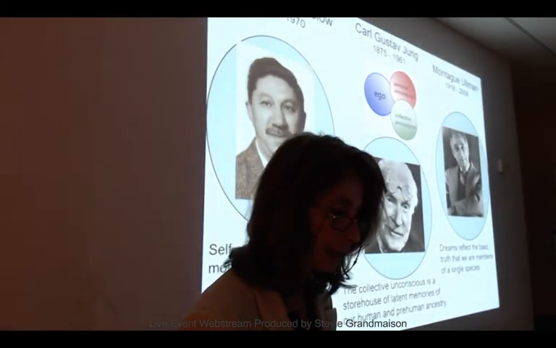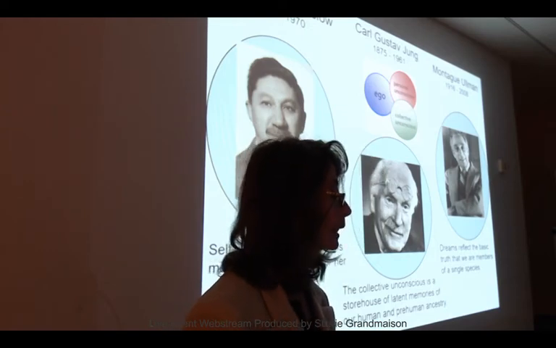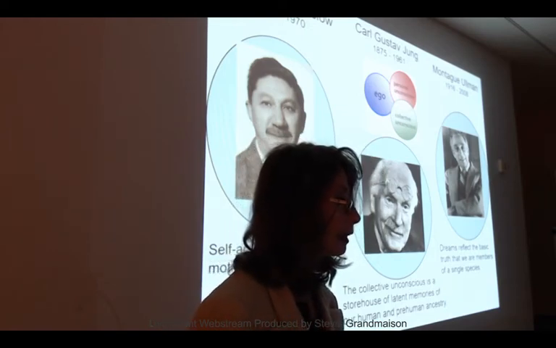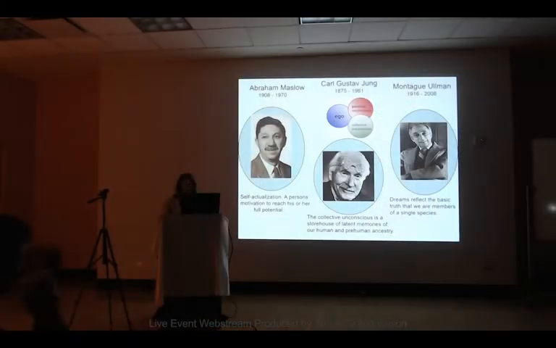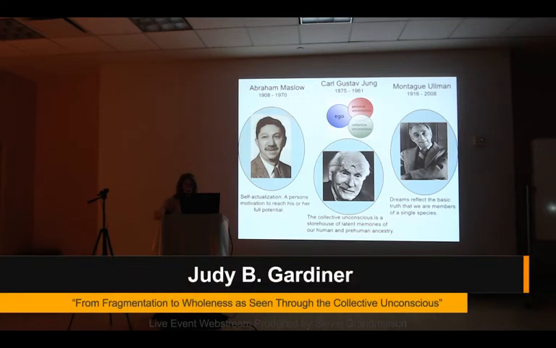So we begin here with Maslow's theory of self-actualization, and then we progress to Jung's collective unconscious, and ultimately to Montague Ullman's species connectedness.